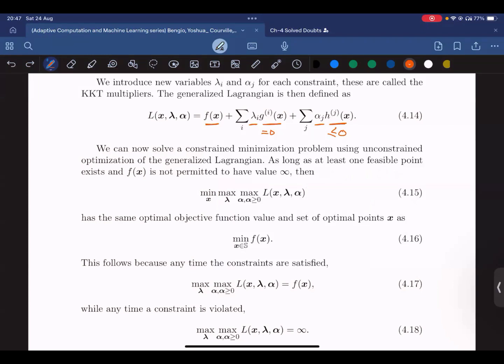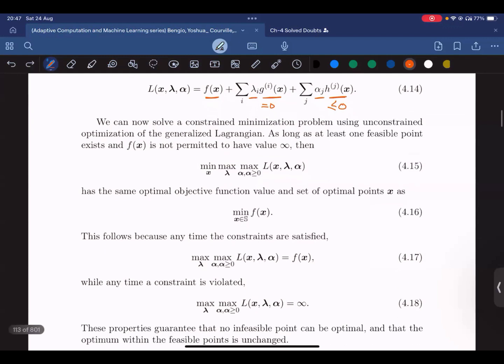If g i of x is not equal to 0, we can make it arbitrarily large. And if this is greater than 0, again that would be maximized. So to obtain the minimum value of this quantity over all x, we want to minimize this maximum quantity over all x.